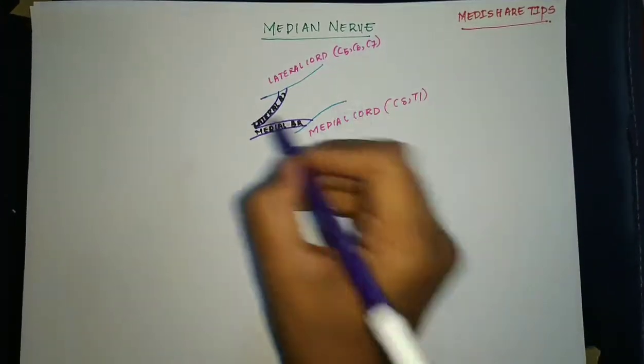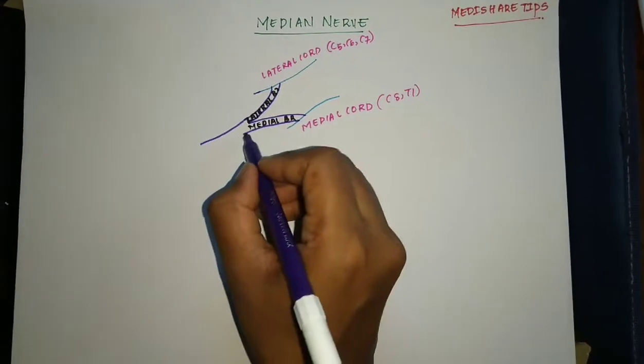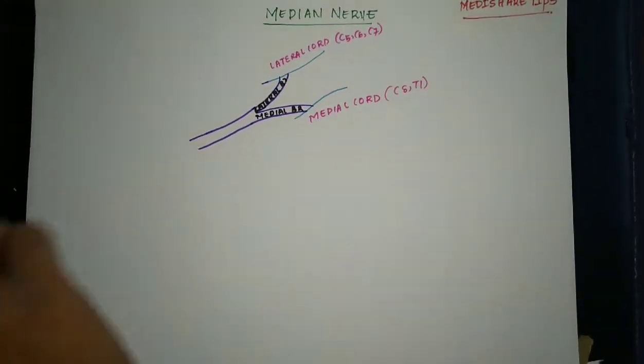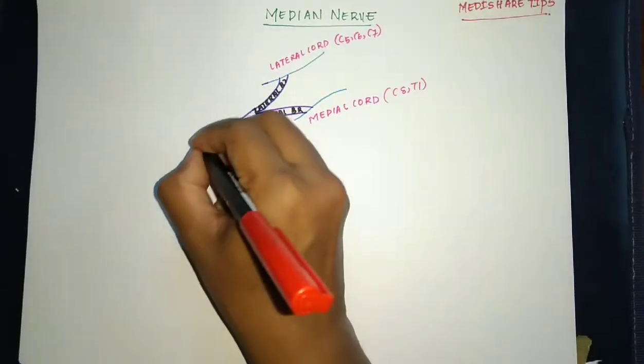Both of these combine together to form the nerve called the median nerve.